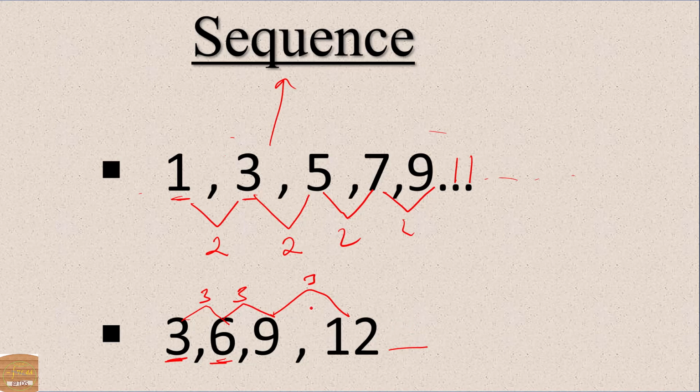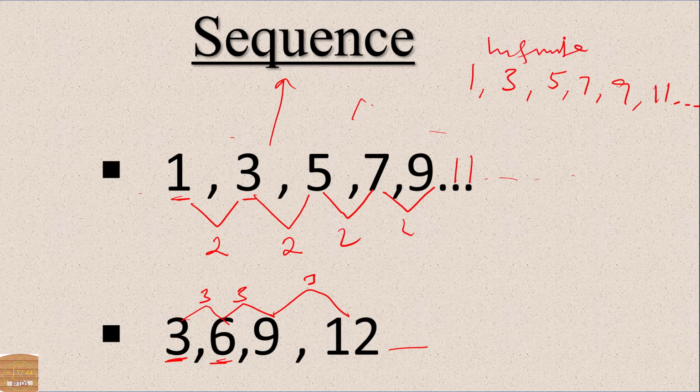Let's look at the numbers again. Let me write it again: 1, 3, 5, 7, 9, 11, and the three dots mean to infinity. This type of sequence is called an infinite sequence.